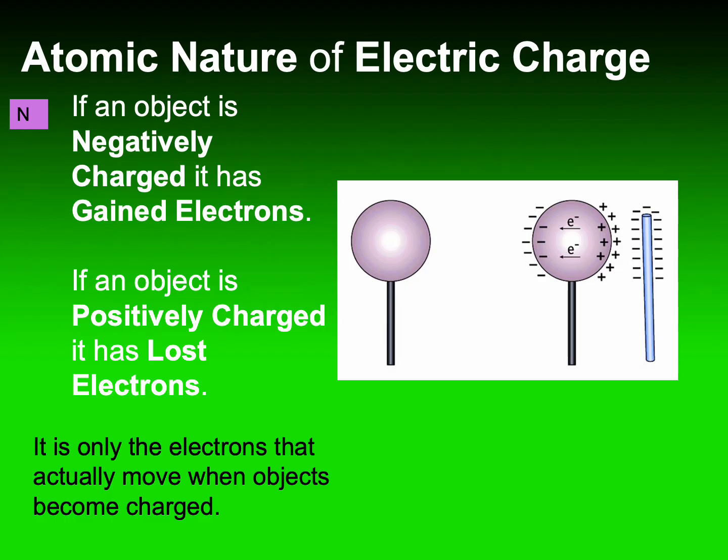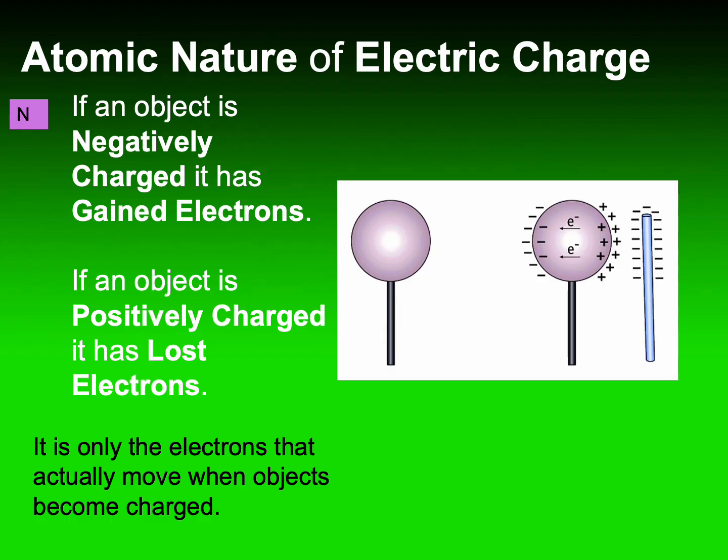So here we have a conductor, a metal conductor, and a charged rod. On that metal conductor, it will have a balance of positives and negatives. If we bring a charged negative rod towards it but not touching it, the like charges will repel. It's going to move those electrons away from the negatively charged rod over to the other side of the conductor.